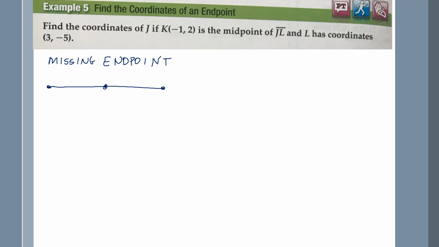So we've got J, K, and L. K is at negative 1, 2. L is at 3, negative 5. And J is, we're looking for X and Y.